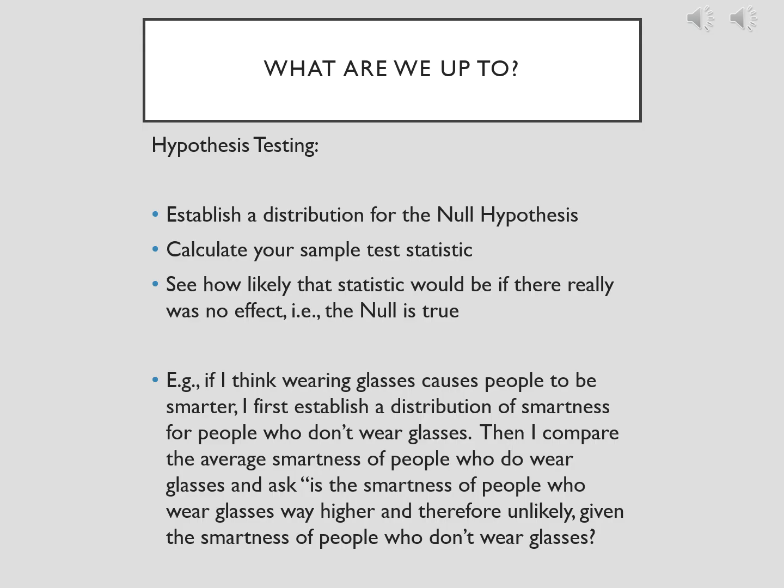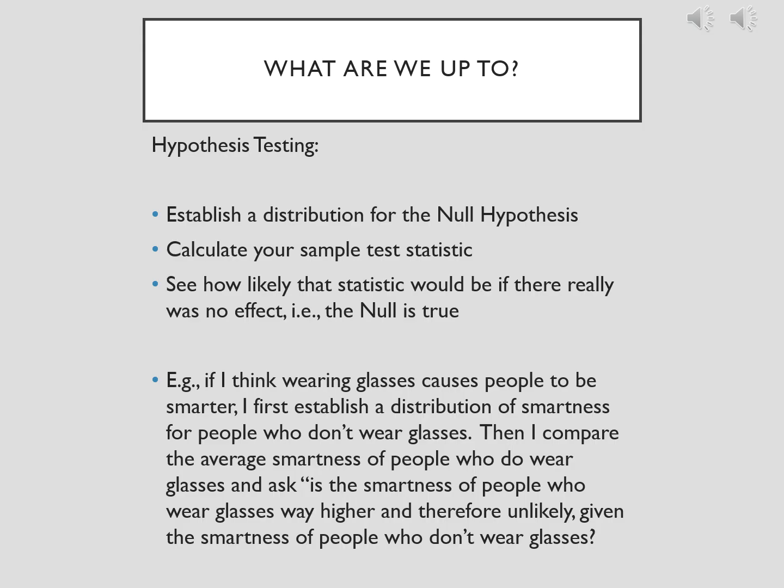And is it so much higher that it's really unlikely that I would see such a high smartness if in fact there was no effect of wearing glasses on smartness? Okay, so again, let's break that down a little bit more.